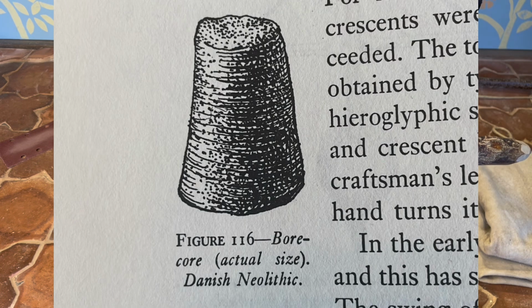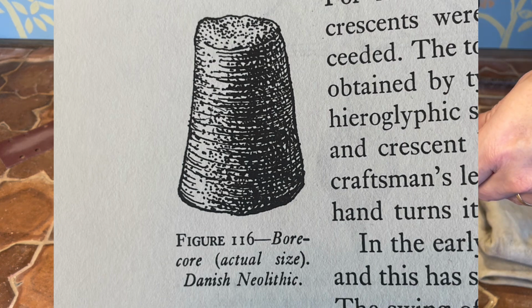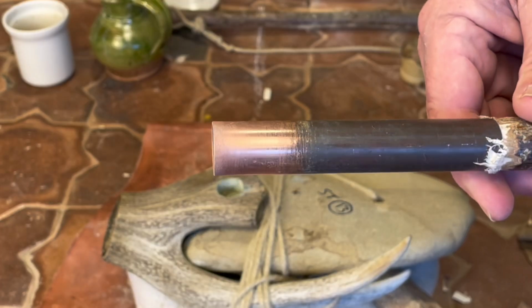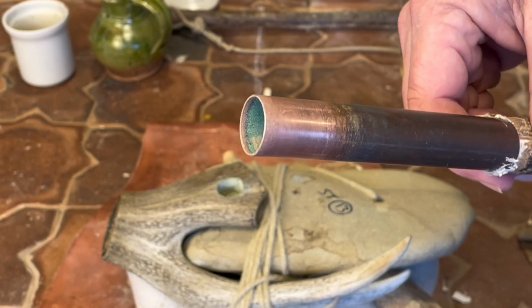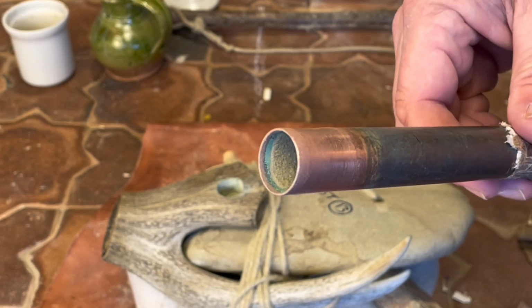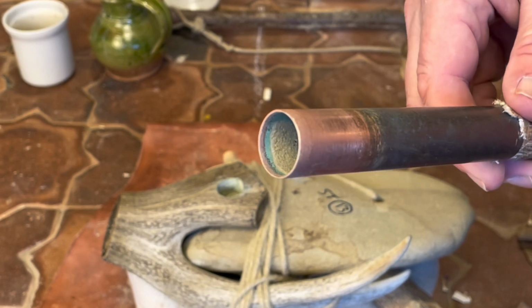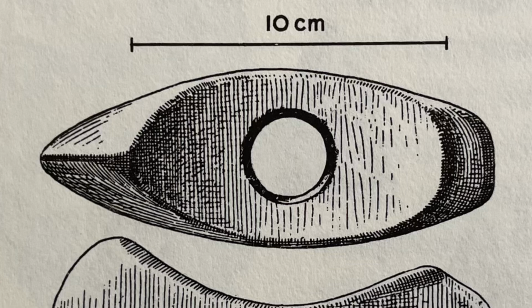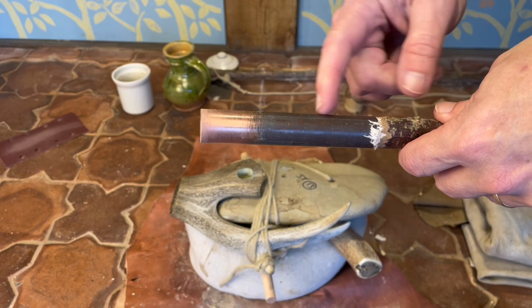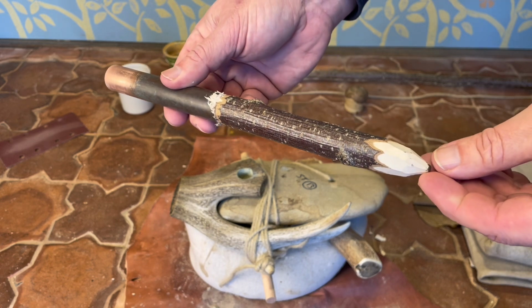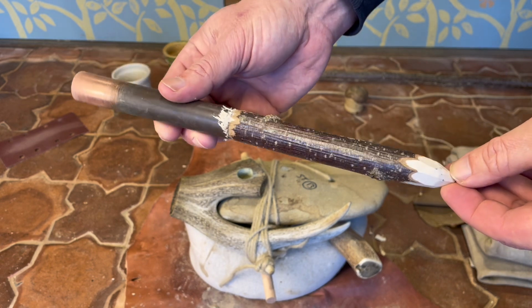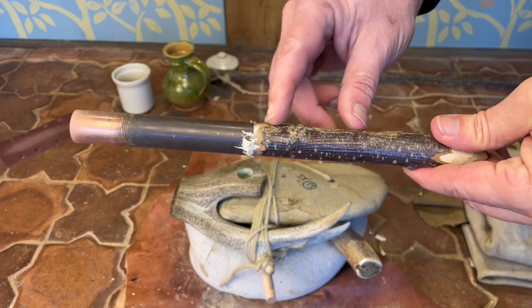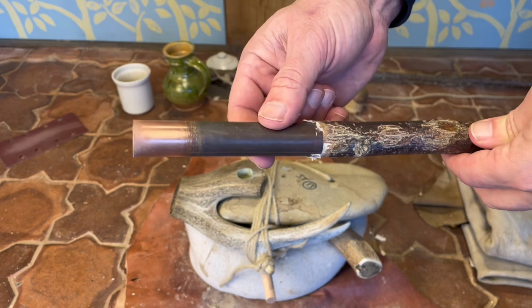And what those cores demonstrate clearly is that something tubular is being used to drill parallel holes through stone. Now, in this case, I'm using a length of copper mounted onto a hazel drill, just driven in there. I've sharpened the hazel and driven it into the pipe.